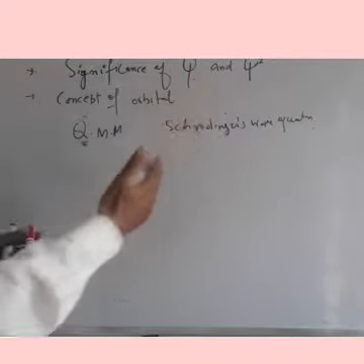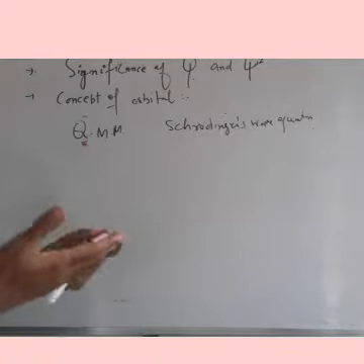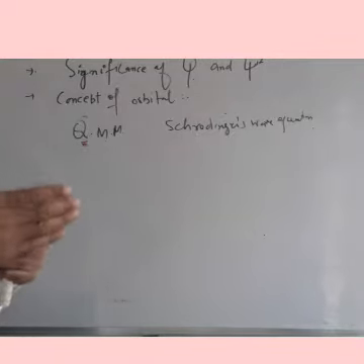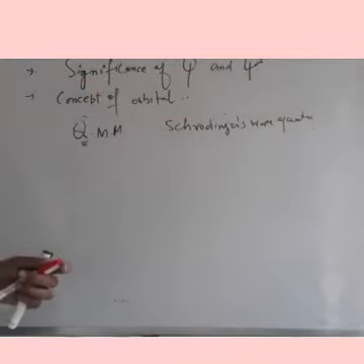This Schrodinger's wave equation describes the wave motion. It gives the wave motion of the electron in 3 dimensions around the nucleus.